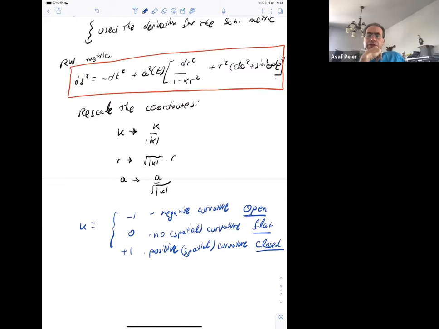So these are the three options that we have for the spatial part of the universe. I showed you that when you plug in k equal to 0, that's the easiest, right? If you put k equal to 0, then this is just dr squared plus r squared d omega squared.